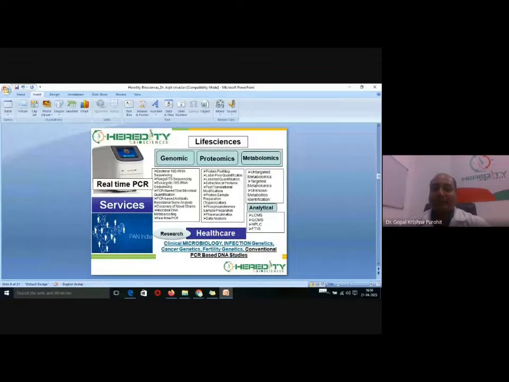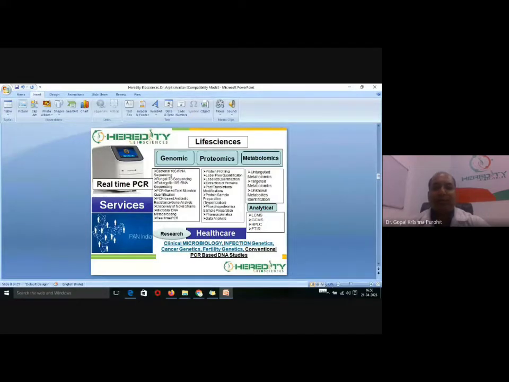Proteomics covers protein profiling, post-translational modifications, protein kinases, data analysis and many other things. Metabolomics covers targeted metabolites, untargeted metabolites and unknown metabolites. And in analytical services, we are introducing this month LCMS analysis, GCMS analysis, HPLC analysis and FTIR analysis also.